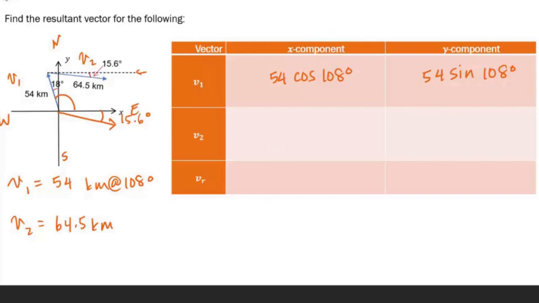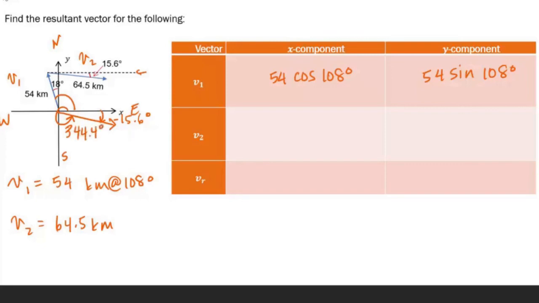So we have a choice. We're either going to call this an angle of negative 15.6 degrees to indicate that we're starting on the positive x-axis and traveling clockwise, or we can use 360 degrees minus 15.6 degrees and indicate that this is, again, a quadrant 4 angle, and call it 344.4 degrees.